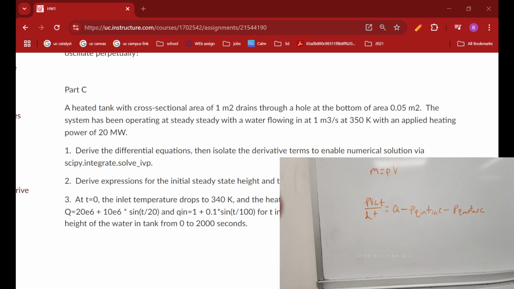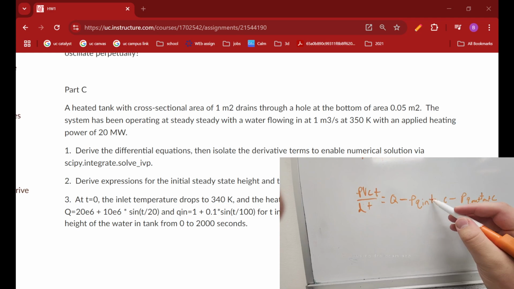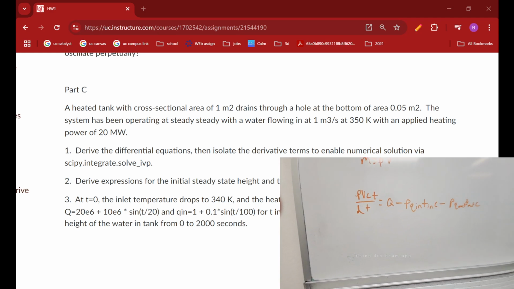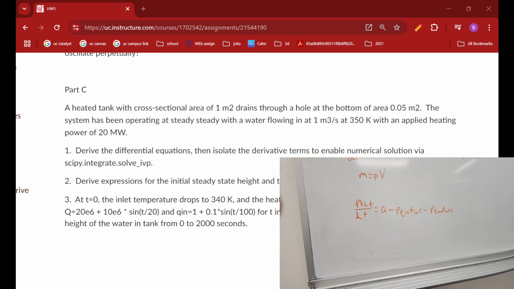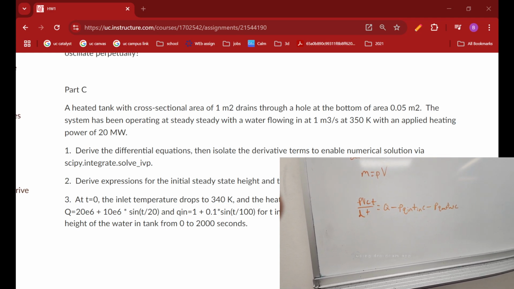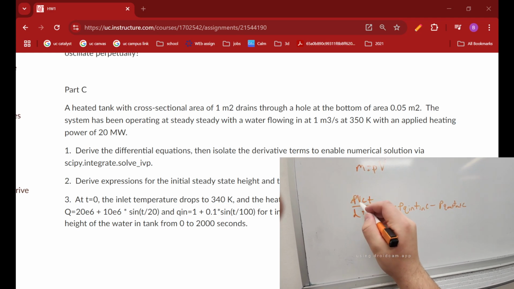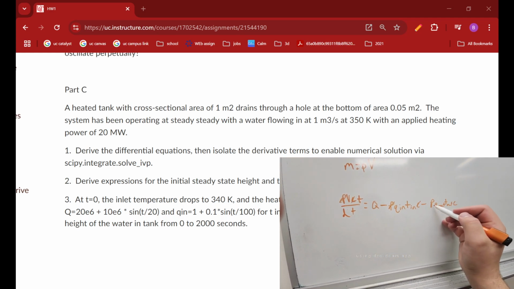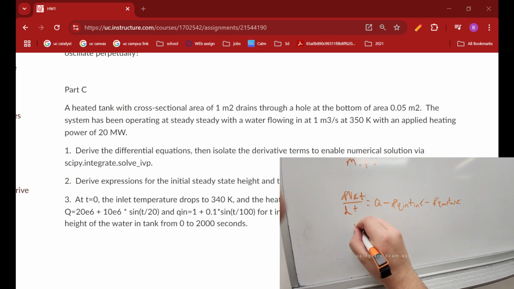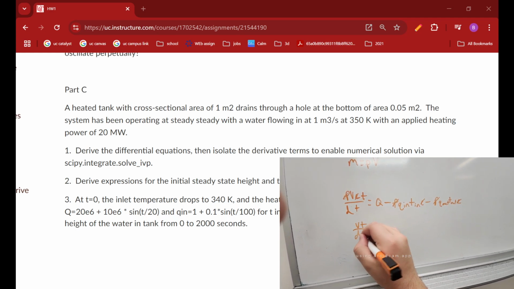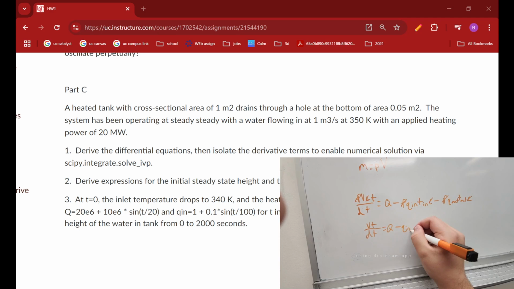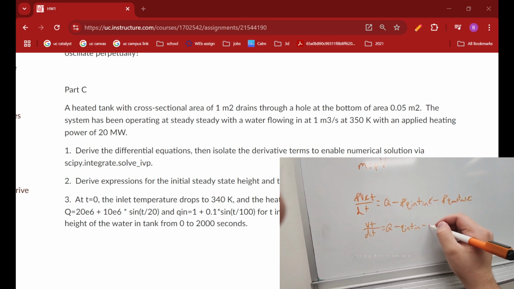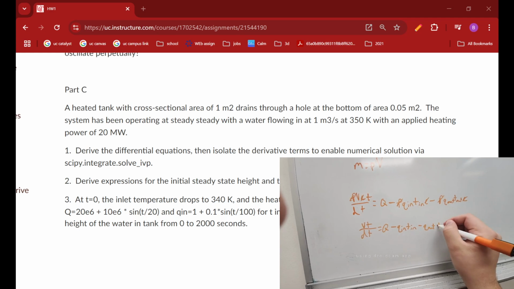And then when we look at this, we can cancel out our C's and our rhos from both sides to give us V dT/dt equals Q minus Q_in T_in, T out.